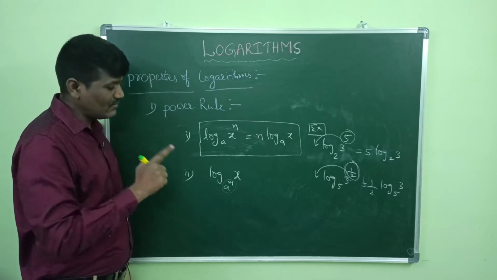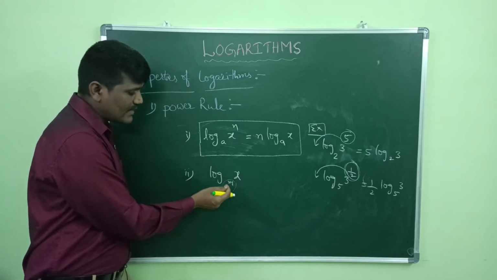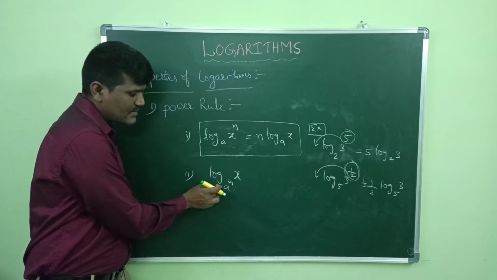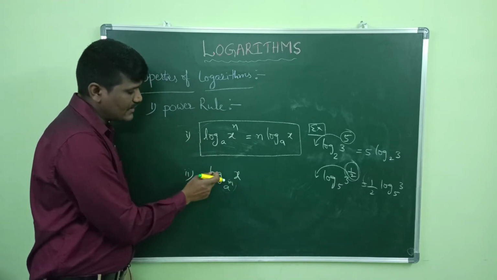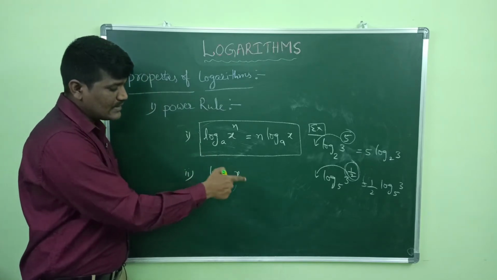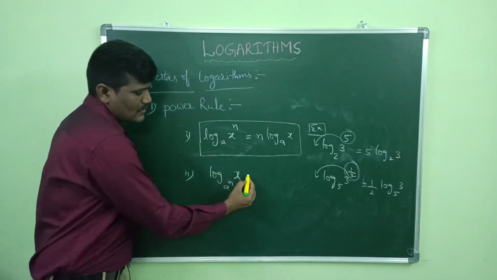That is the most important thing. While writing you should be very careful. Log base a power m: you should pronounce it as log x to the base a power m.